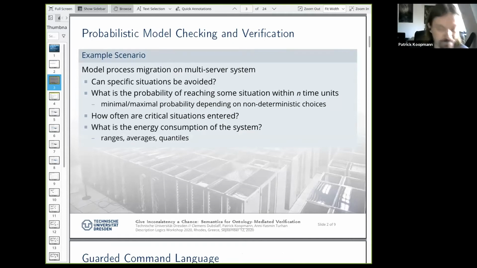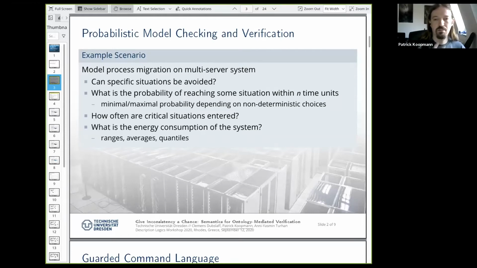So the example scenario we're looking at here is a process migration on a multi-server system. We're moving processes between servers, and we can describe such a system as a stochastic process.